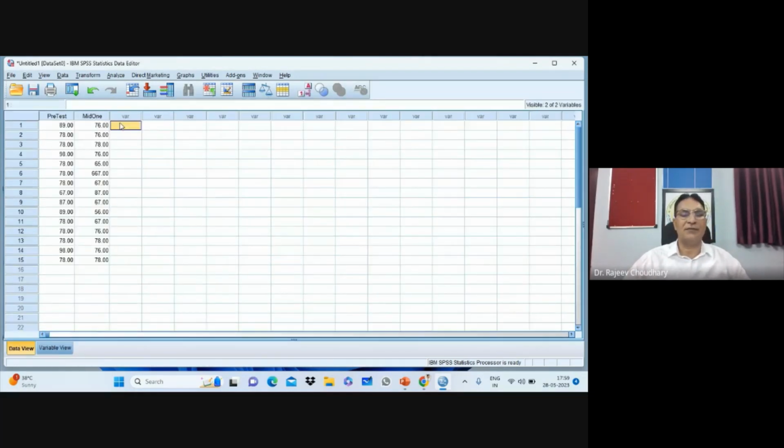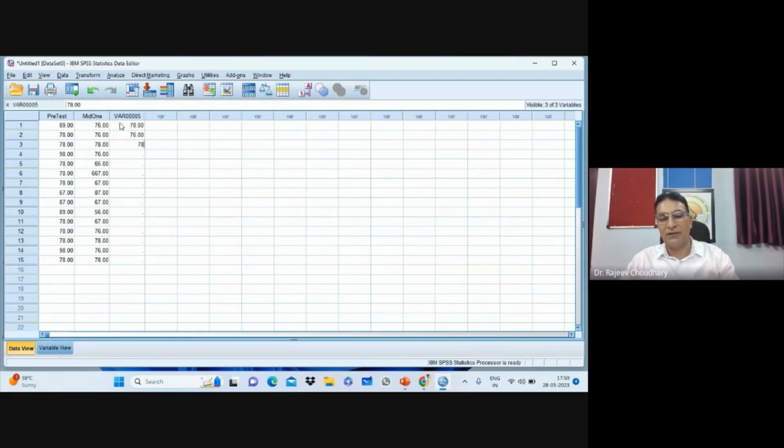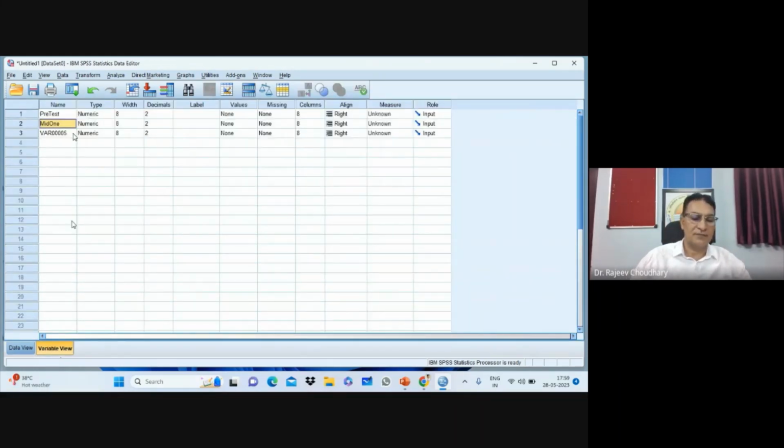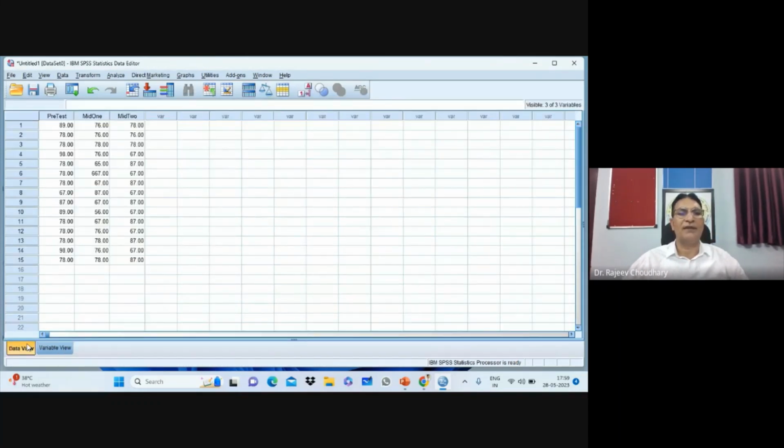Next I am entering the scores of mid 2, which means the third observation. Again, in data view, the fourth observation is mid 3.